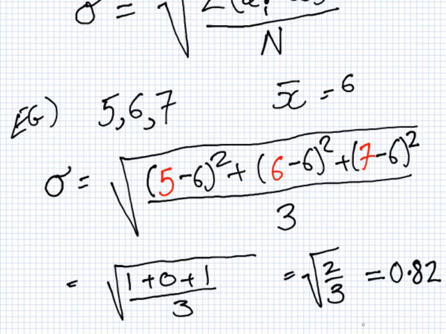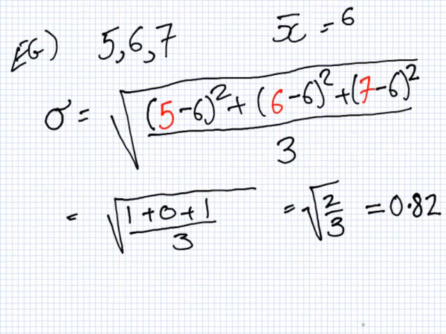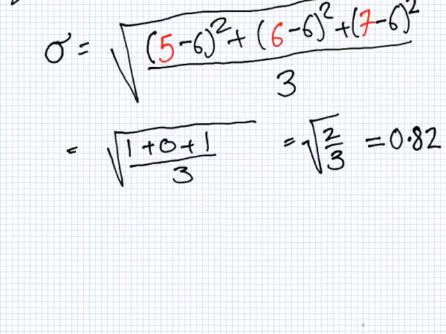Okay, so now I need to explain what exactly the 0.82 means. So for example, here's my data.